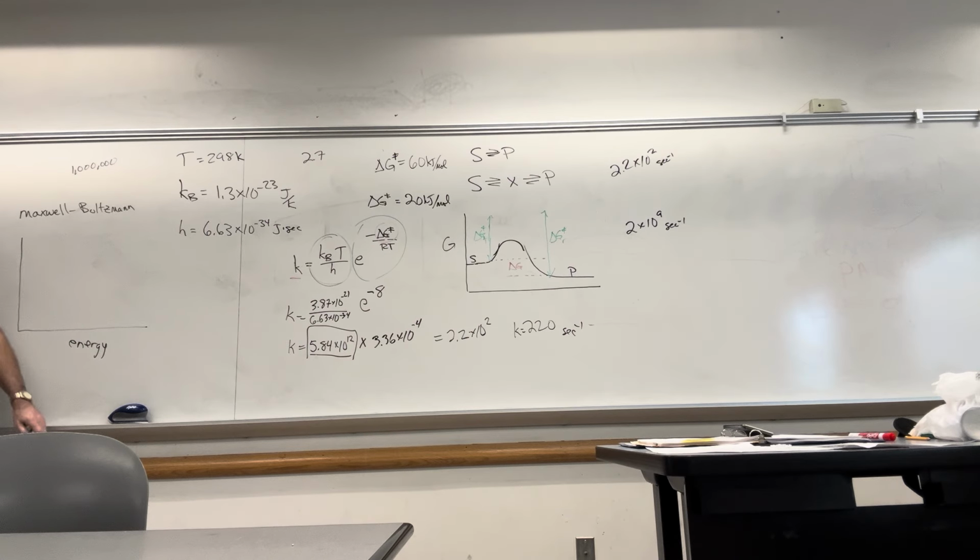Even if they're all in the same beaker at the same temperature, they don't all have the same amount of energy. As they randomly bump into each other, they're not all going to have the same amount of energy. Boltzmann and Maxwell figured out you're going to get a curve that looks something like this.